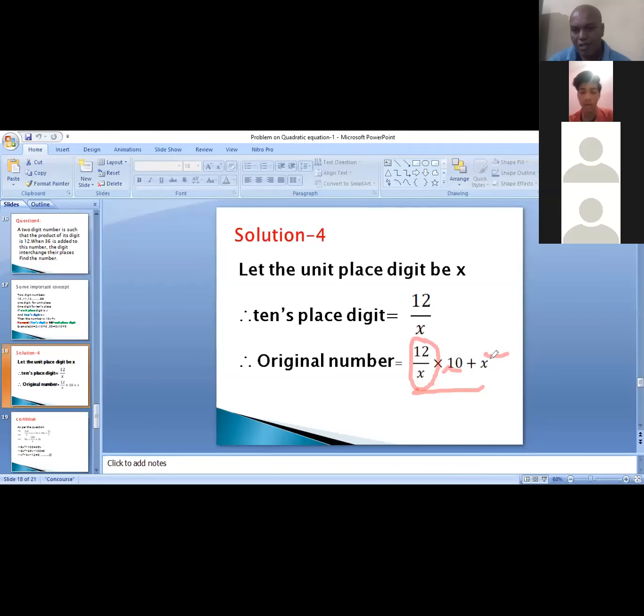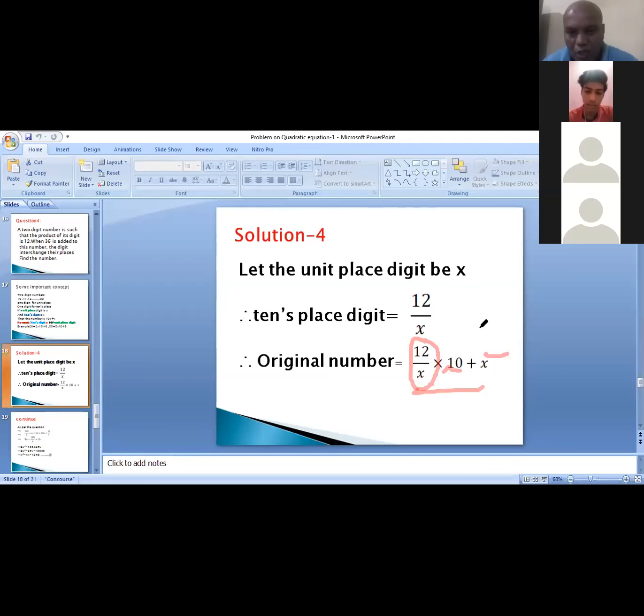Sir, we can't solve it using two variables, x and y. We can use two variables, but the thing is that we are doing the quadratic equation. In a quadratic equation, only one variable is there: ax square plus bx plus c.